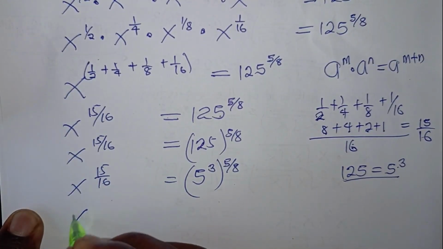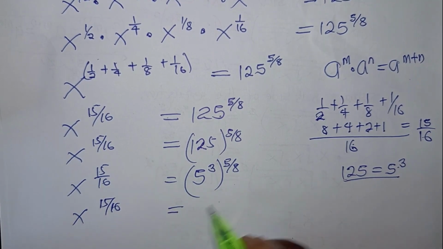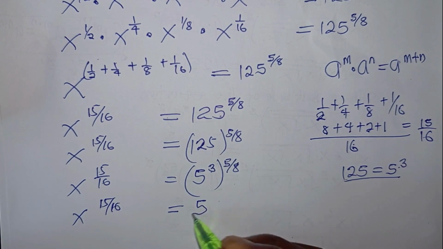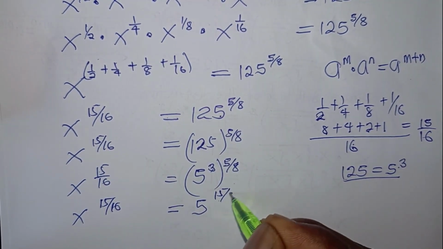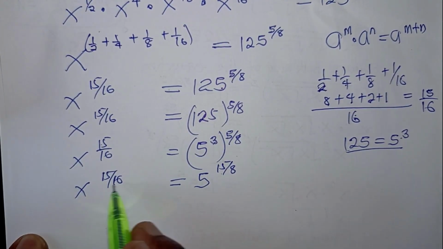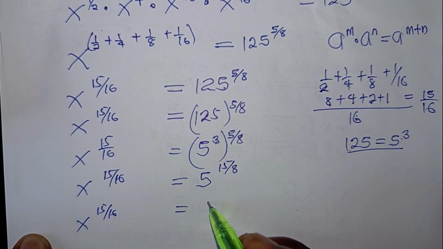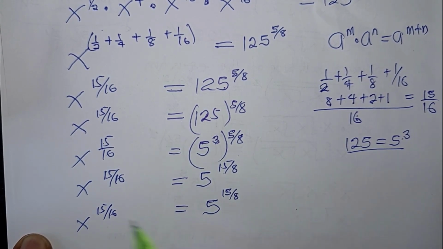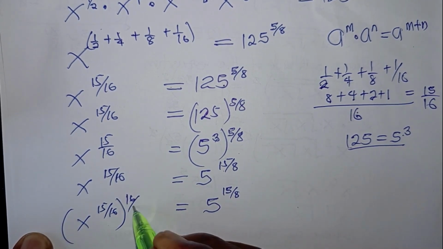So here we have x to the power 15 over 16 equals, let's multiply the exponents here. So that will give us 5 raised to the power 3 times 5 over 8, which is 15 over 8. So here we have x raised to the power 15 over 16 equals 5 raised to the power 15 over 8. So let's raise both sides to the power 16 over 15.